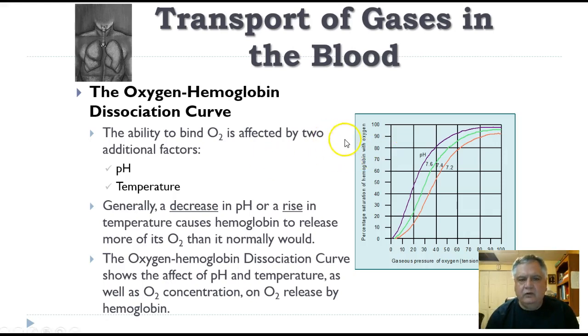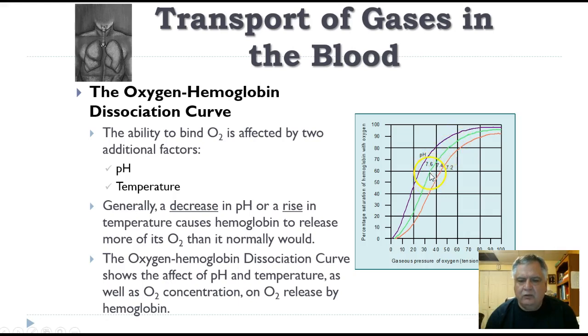But just before we finish up here with the oxygen hemoglobin dissociation curve, let's take a look at these lines. Here, this green line is going to represent, let's say, a normal pH of the blood around 7.4. We can see as the blood moves away from the lungs and toward the oxygen-depleted tissues of the body, it's going to start to deliver oxygen. The more depleted the tissues are in oxygen, the more oxygen the hemoglobin releases.